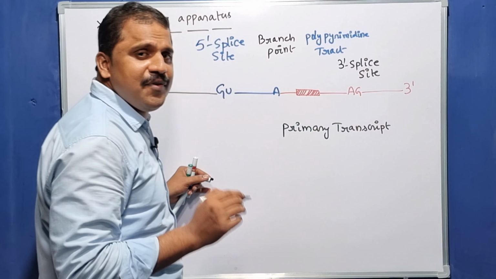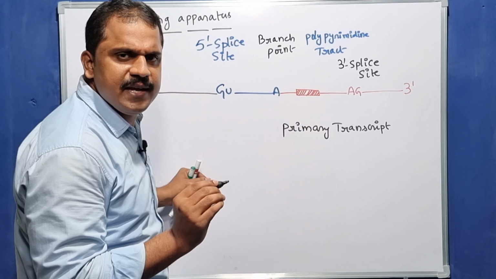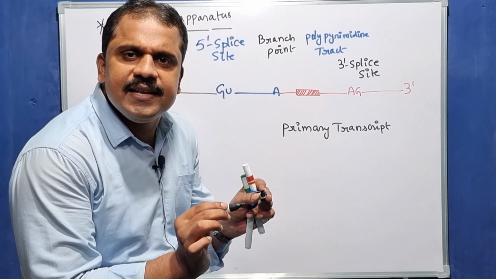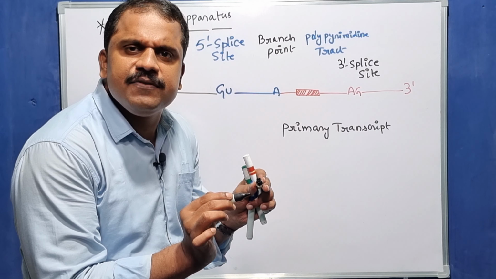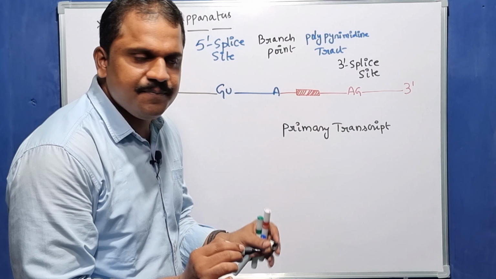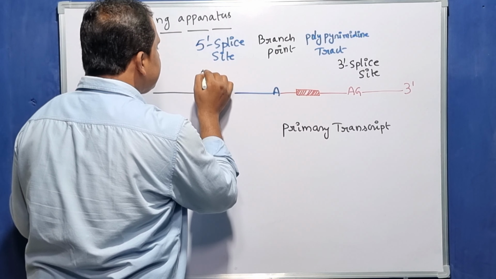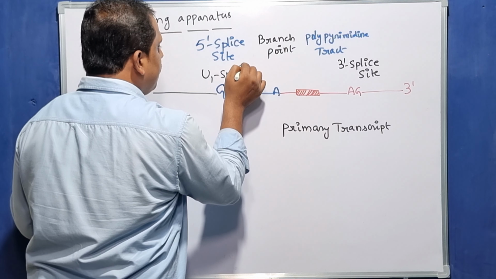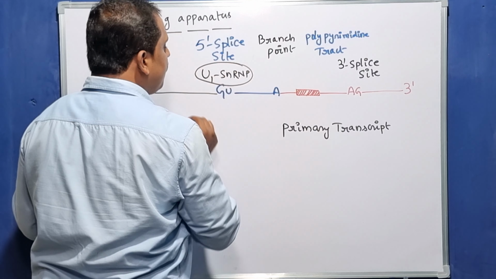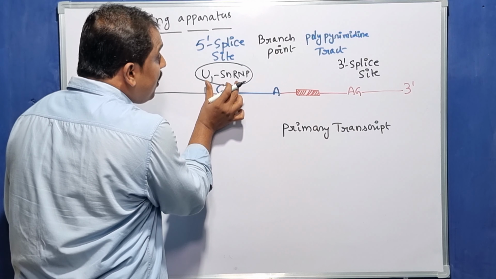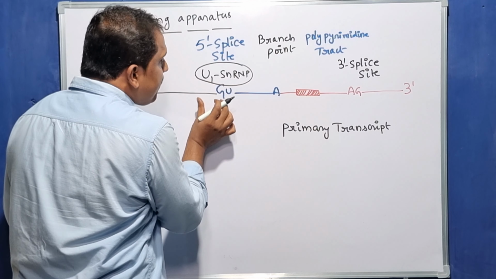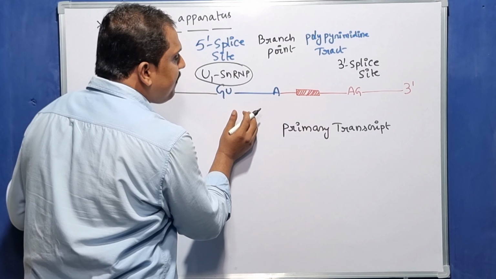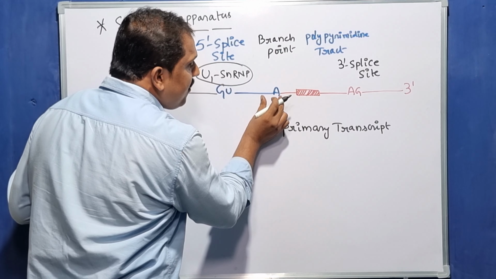So at the very beginning of the spliceosome mediated splicing mechanism, a specific snRNP, which is nothing but U1 snRNP, comes into the picture and successfully recruits to the 5' splice site. So here it is nothing but the U1 snRNP, right? After the successful recruitment of U1 snRNP to the 5' splice site, very adjacent to the 5' splice site there is the branch point adenosine nucleotide.